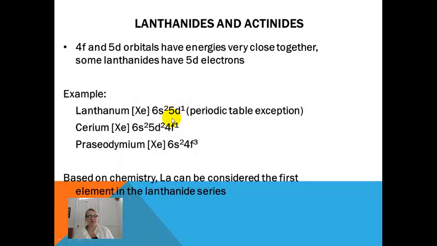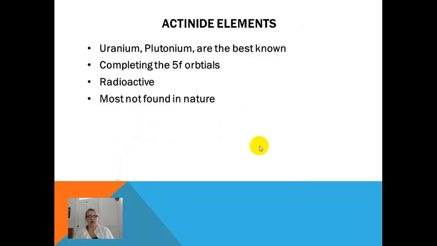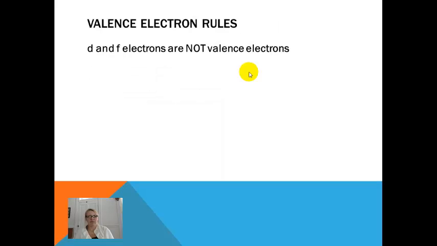So that's an exception. In the actinides, uranium and plutonium are the best known. These are the 5f electrons. They're radioactive and they're not usually found in nature. Remember, when counting valence electrons, d and f electrons are not considered valence electrons.